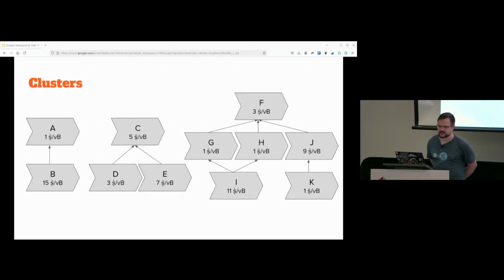What are clusters? As I said, clusters are all the transactions that are related in some manner. So right here, we're looking at 3 clusters. There's A, B, C, D, and E, and the more complicated cluster that we saw for the descendant set fee rates.